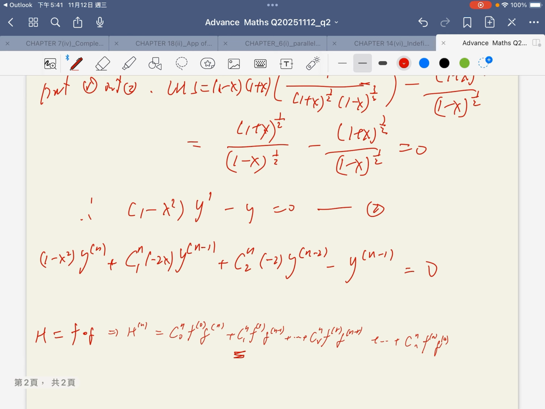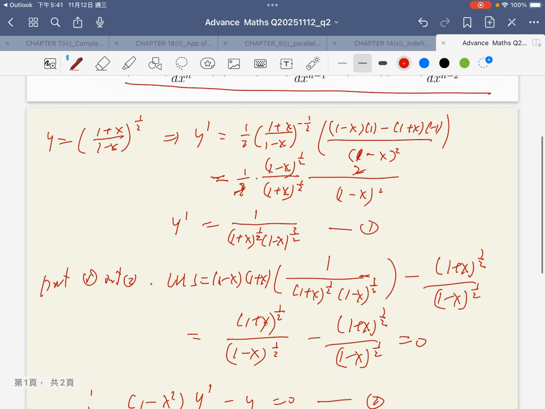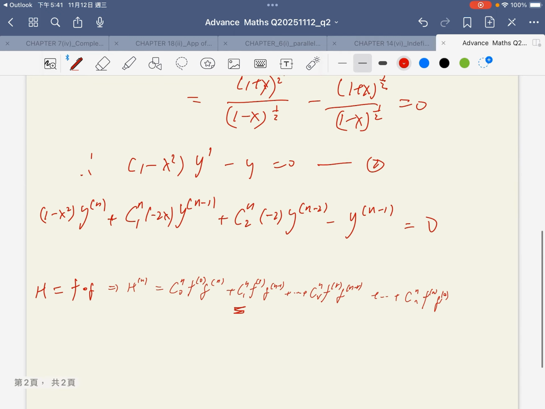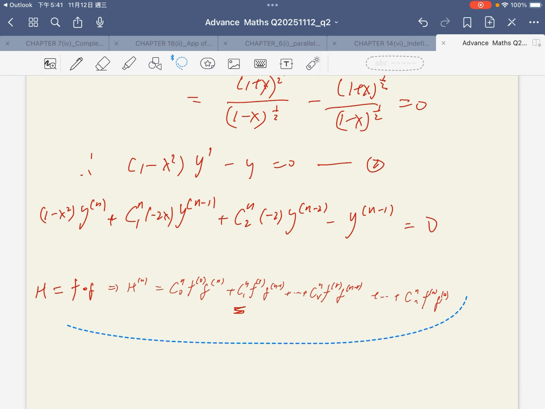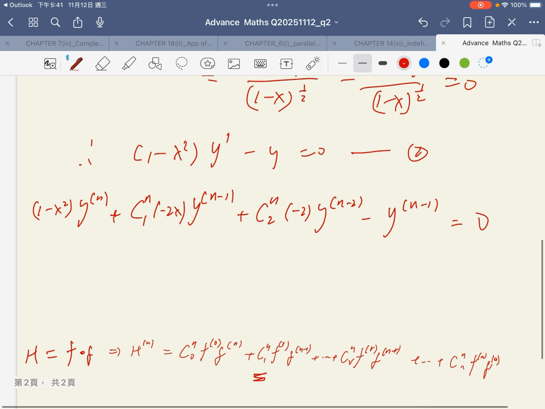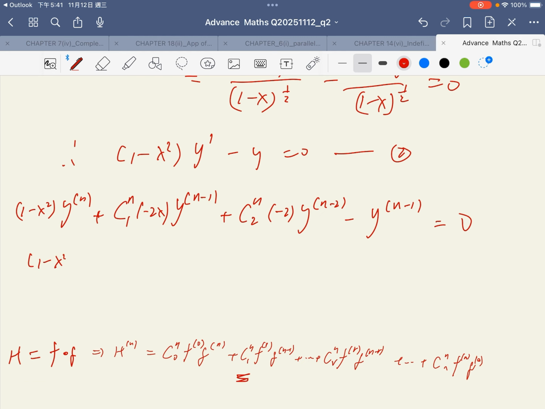Okay, after simplifying, we easily got this part. Okay, I try to finish the rest. (1 minus x squared) d^n y over dx^n, minus 2nx, and minus 1. We can combine these two.